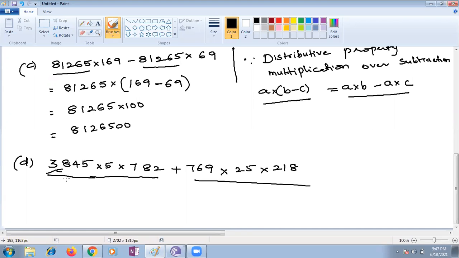I was not able to find it, but I have observed that every digit's main number has come twice, ma'am, like 782 and 769. Sorry, your observation is wrong, my dear.